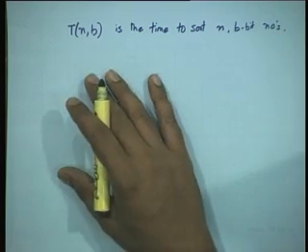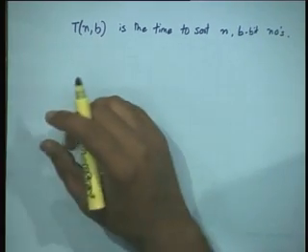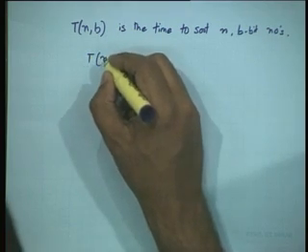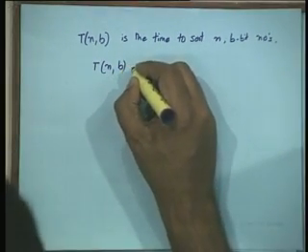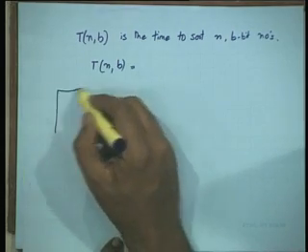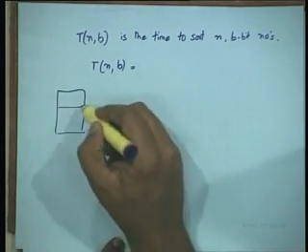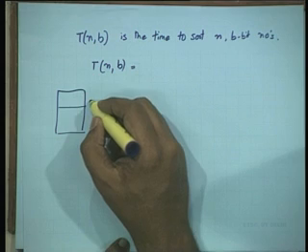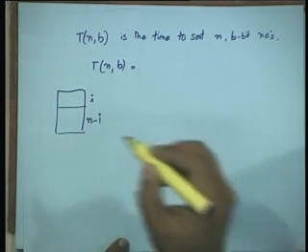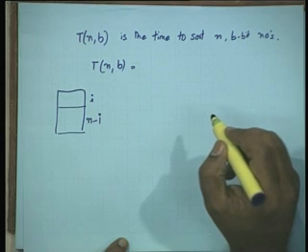We are going to partition these n numbers into two pieces. This was the top subarray. Let us say this has i numbers in it, and the remaining would be n minus i.